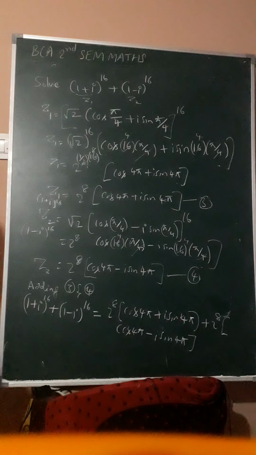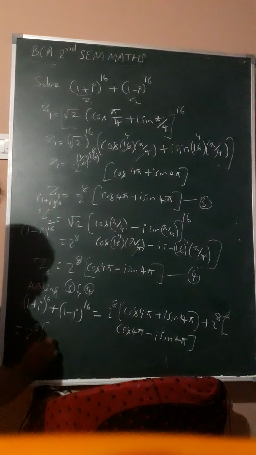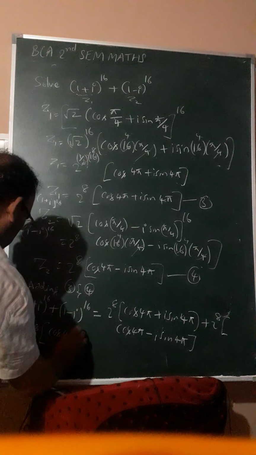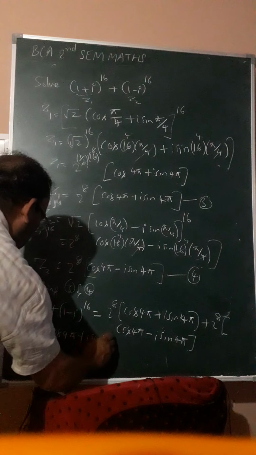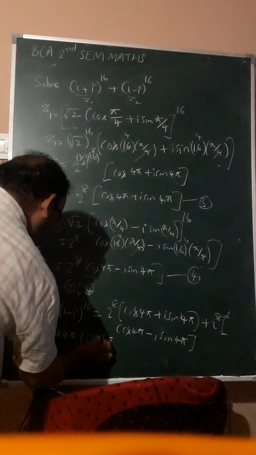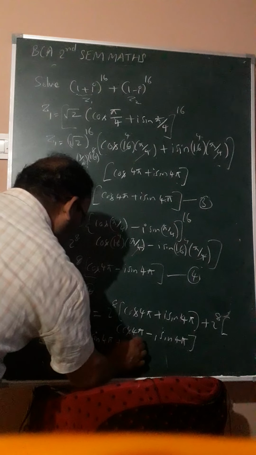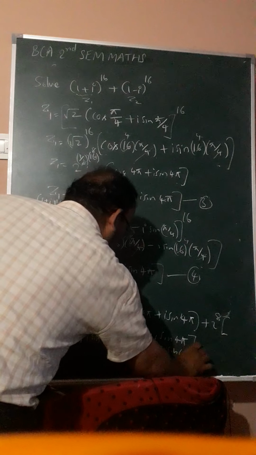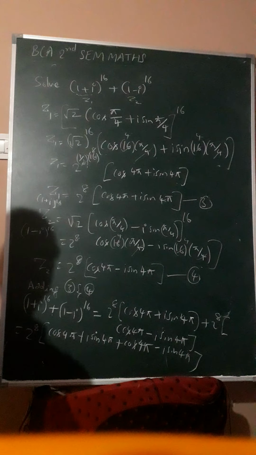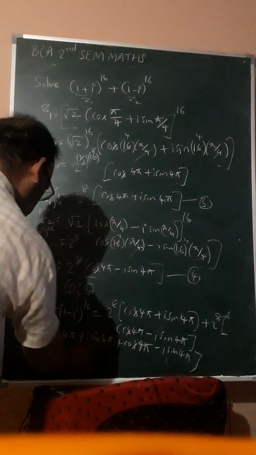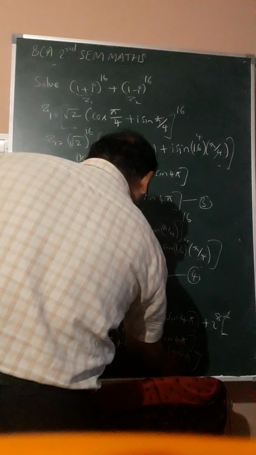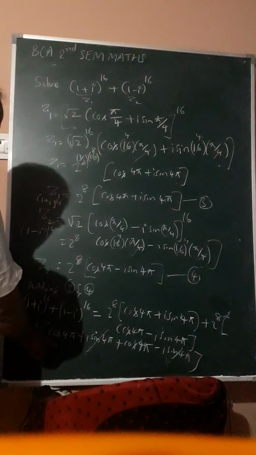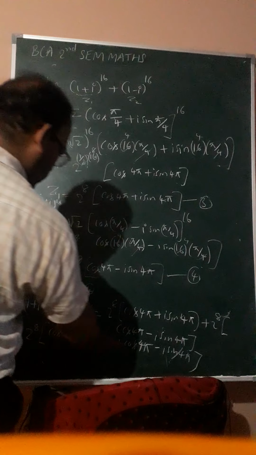2 to the power of 8 is common, so take it outside. Plus i sin 4 pi and minus i sin 4 pi cancel. What remains is cos 4 pi plus cos 4 pi.